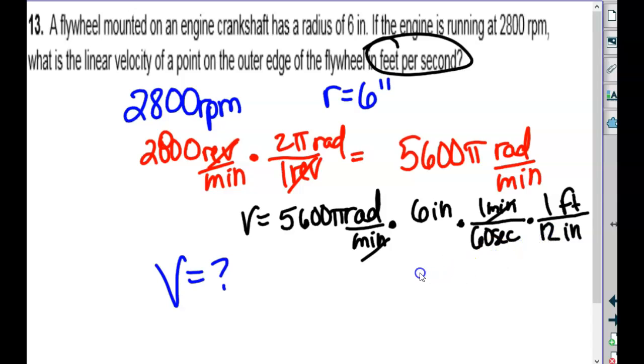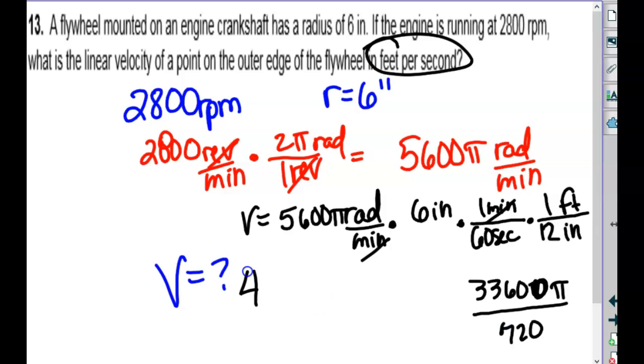So on the top, we get 3360 times pi. That's not right. There's another 0 in there. And on the bottom, 60 times 12 is 720. I got 46.7. Anybody?